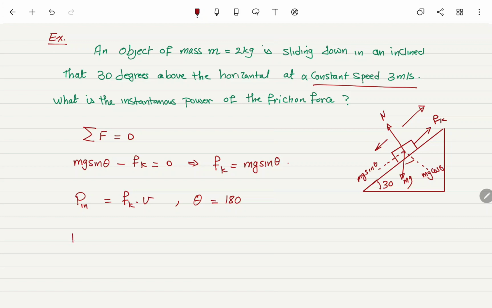So P instantaneous equals Fk, which we just calculated, mg sine theta, v cosine 180. In other words, the instantaneous power of the frictional force equals minus 29.4 watts.